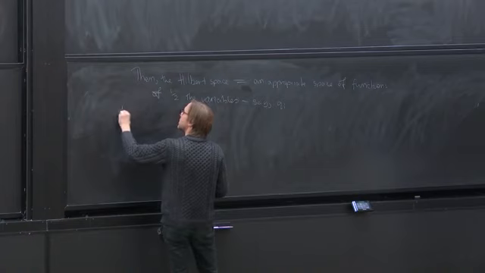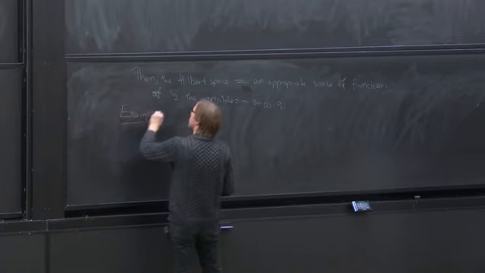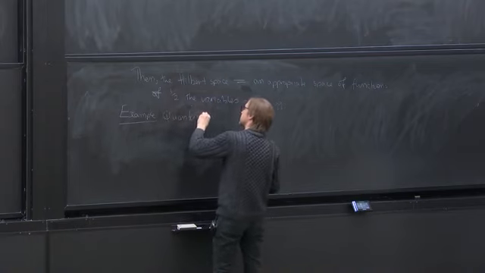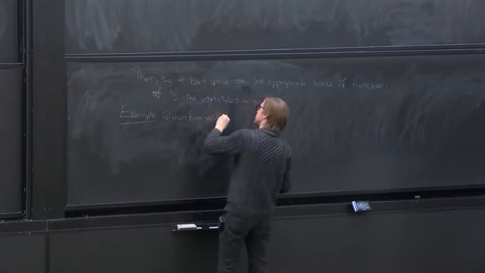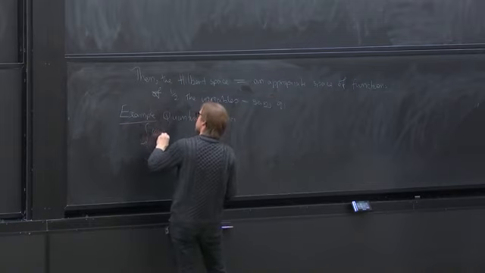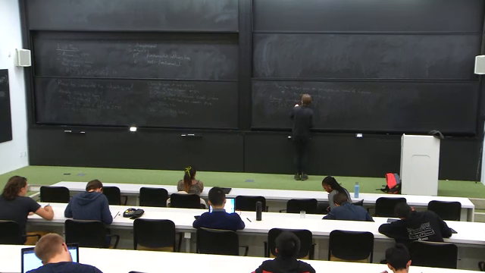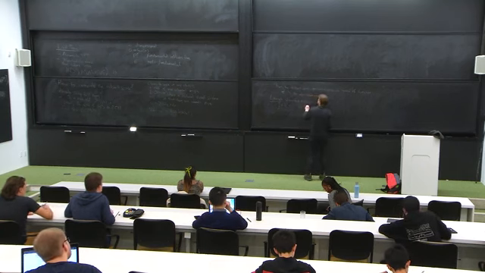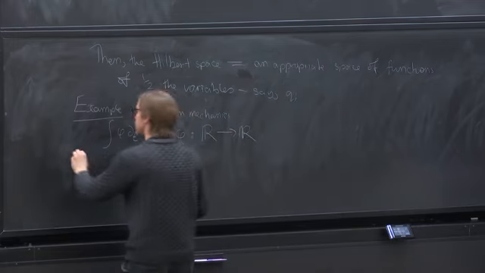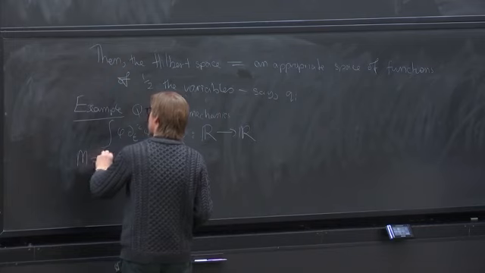So for example, quantum mechanics. I have this Lagrangian. Phi is a map from, say, R to R. In this case, what I'm calling M is a point.